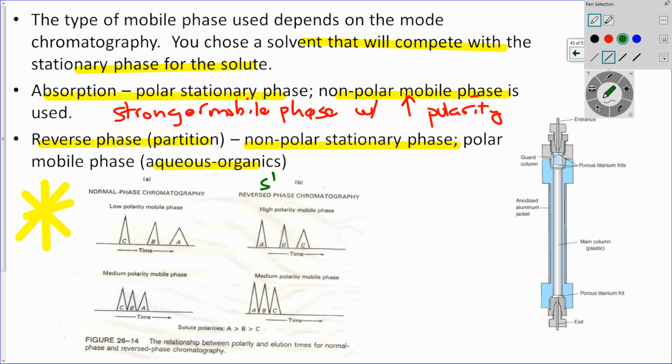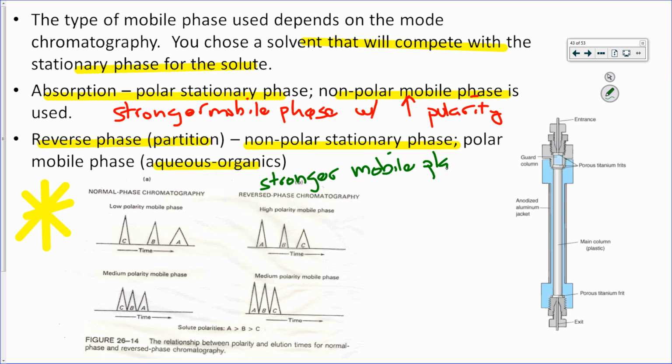So the stronger mobile phase is the one with the lowest polarity solvent. So more organic, less water. Okay. Now the difference in the two means the retention orders are going to reverse between the two compounds.